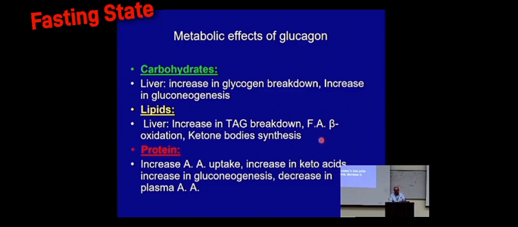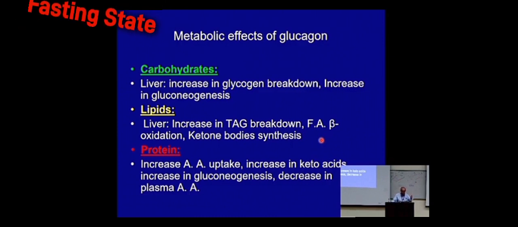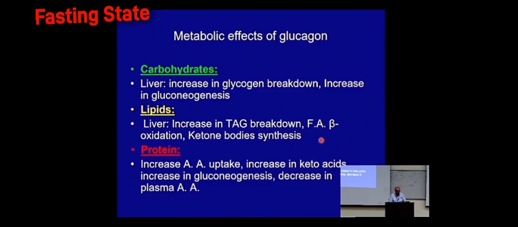So fatty acids are going to be used as a source of energy instead of glucose in the liver, in other tissues, in the muscle, in the heart, in many tissues that can use fatty acids, but not in the brain and not in red blood cells. Okay, these two organ and cells still need glucose as their major source of energy.